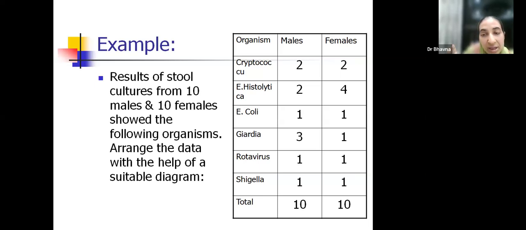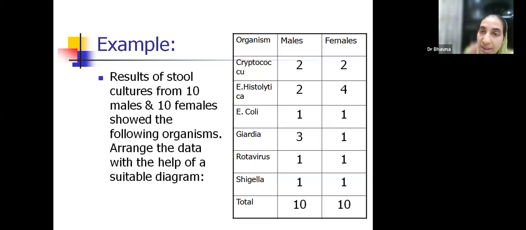You can download the software, but you cannot tell the software to draw a suitable diagram unless you give it a prompt that this is my data. It is going to give you a set of options: bar chart, simple bar chart, multiple bar chart, pie chart, donut chart. What kind of chart or bar diagram do you want me to draw?